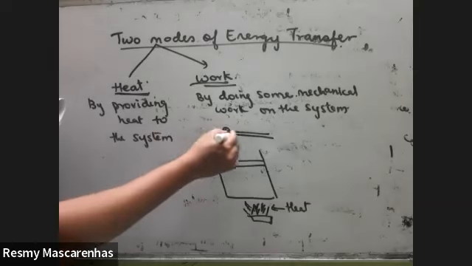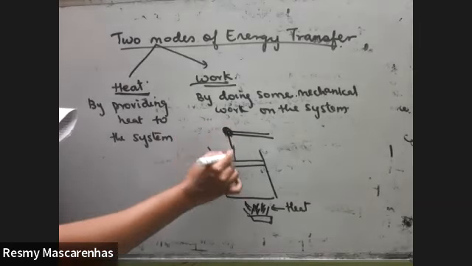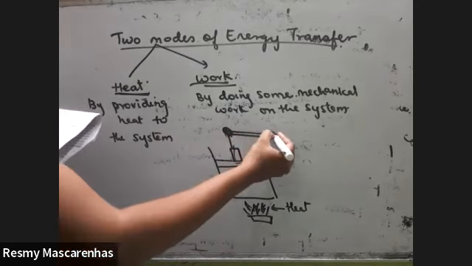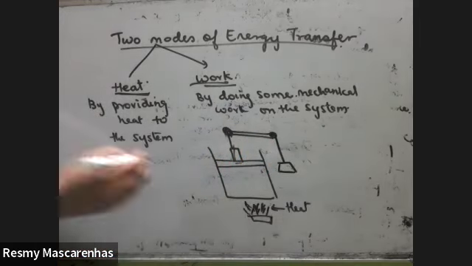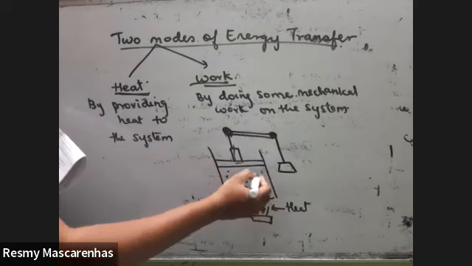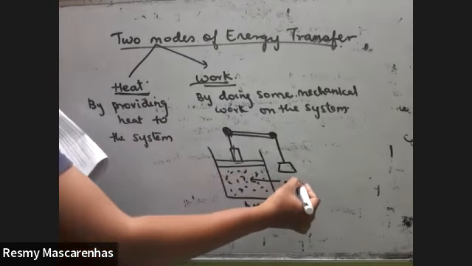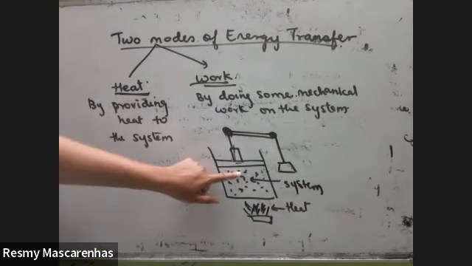Can be some pulley, some piston, some weight maybe, because there is some gas. Now this is my system or the substance, whatever. So I want to provide energy to the system.